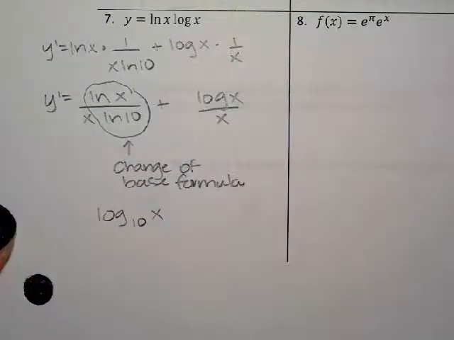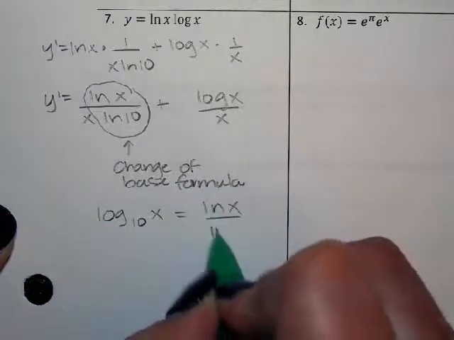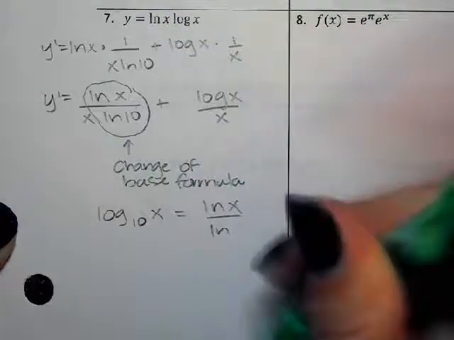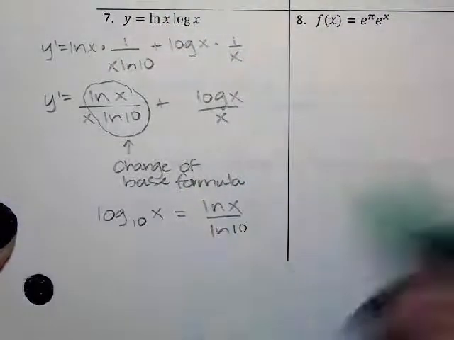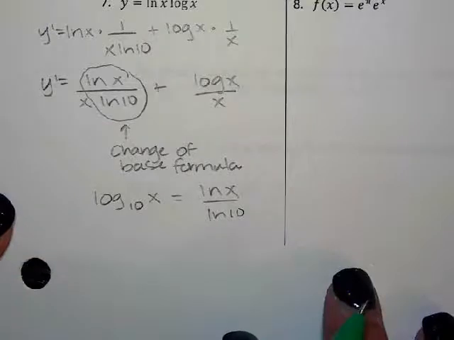So this is ln x over ln 10. Since 10 is the common log, they would just call that log x.